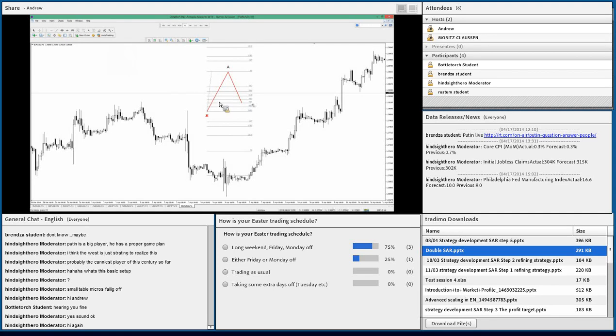So you're looking to buy or enter as price comes into the 786 retracement, looking for price to continue up.